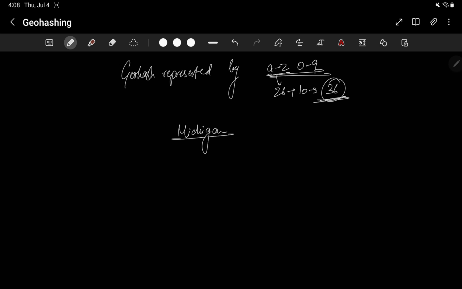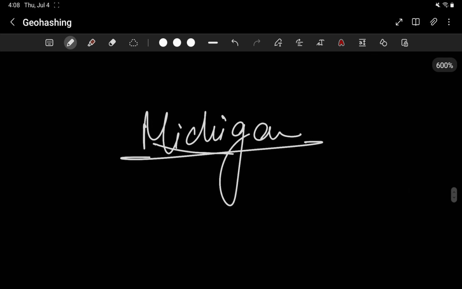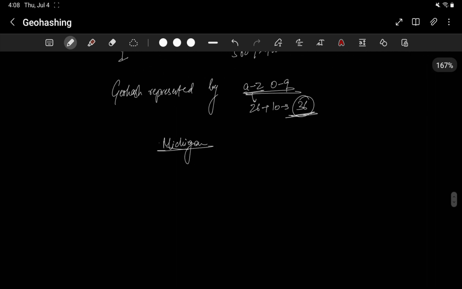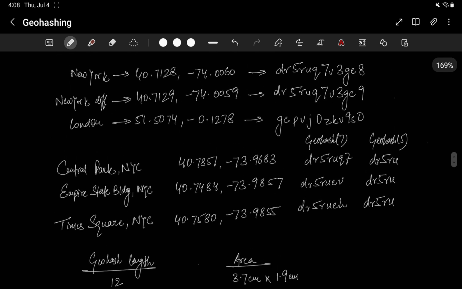Then it goes deeper, it starts zooming itself like this, and goes towards the exact location that you are trying to search for, and that is possible by geohashing only. So I think I have covered everything about geohashing.